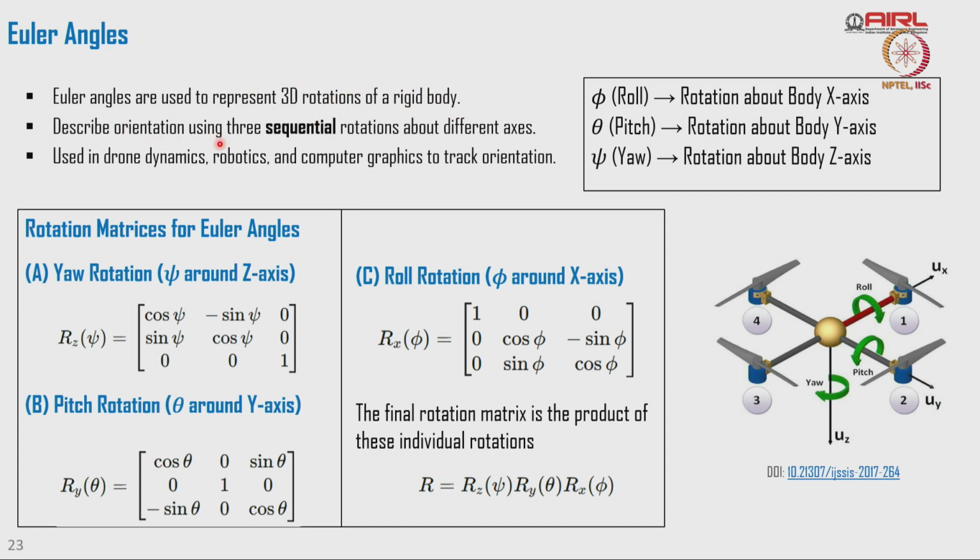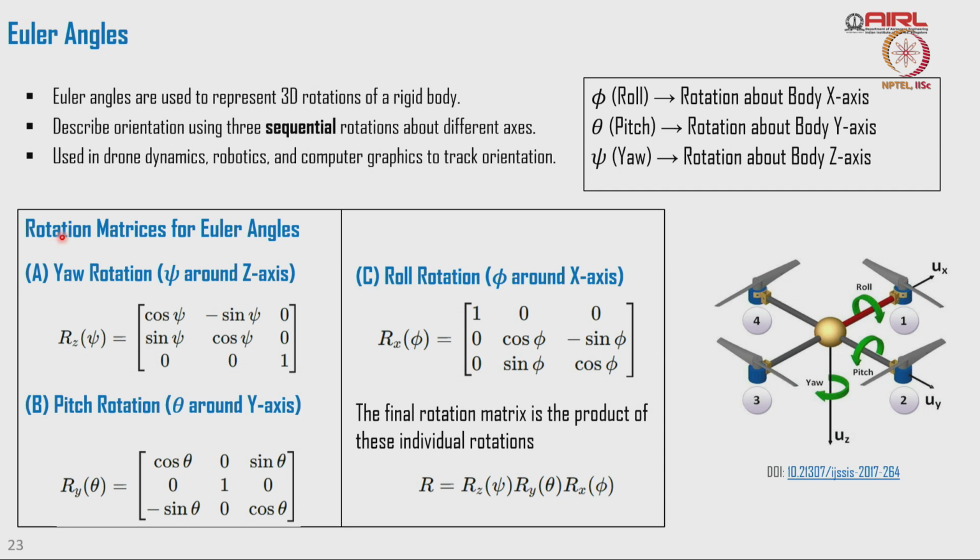We usually represent any pose of the drone by using 3 sequential rotations about different axes. This is used for deriving dynamics, not only for drones and robotics, and it is also used in computer graphics to track orientation.